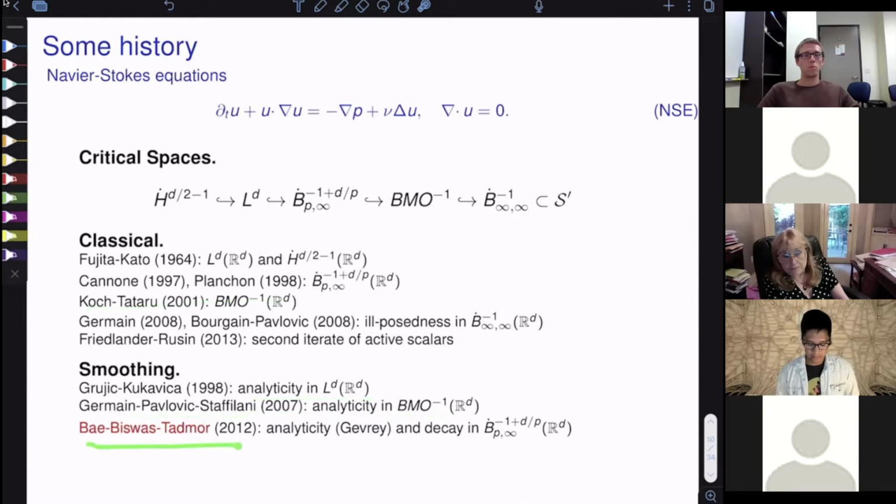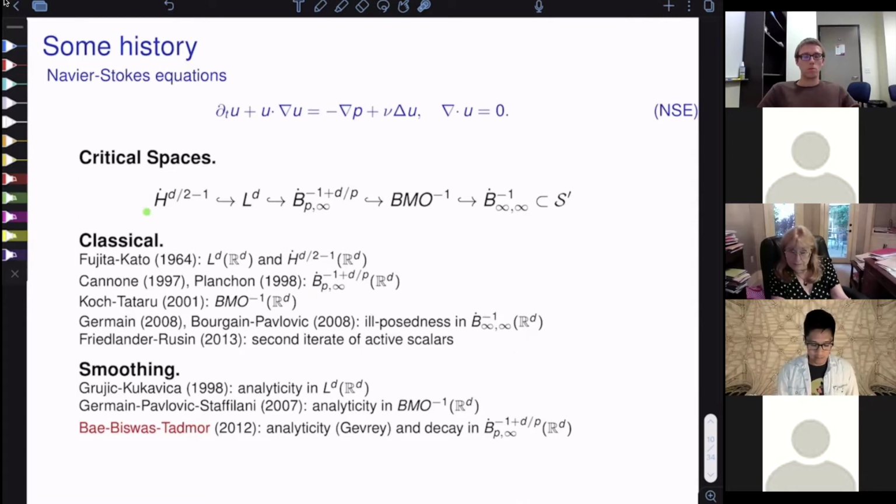And then Hantaek Bae, Biswas, and Eitan Tadmor showed in 2012 that you also have smoothing for these intermediate non-endpoint critical spaces. Okay, so it's a general phenomenon for the Navier-Stokes equations, but as I said before, the Navier-Stokes equations, at least from the point of view of the structure of it, is a subcritical case.